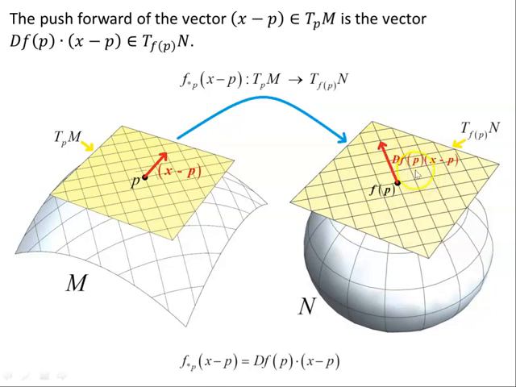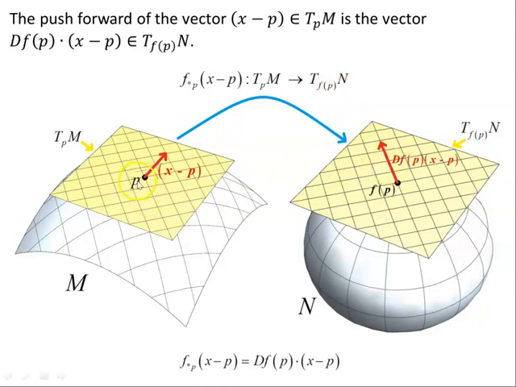What does it become over here? Now f star p of x minus p, that's the push forward of this vector at the point P, is a map from the first tangent space, the tangent space to manifold M at the point P, mapped to the tangent space to N at the point f of p.